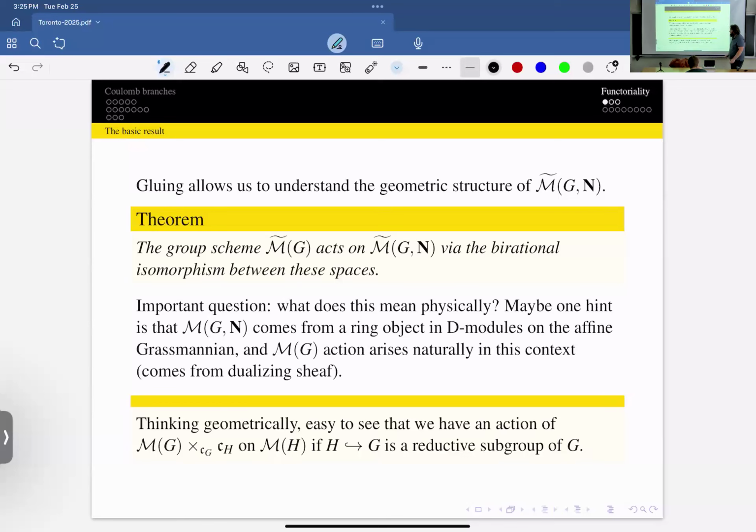All right. And one thing that, well, I doubt you guys have any insight on, but you never know. This should have some physical meaning. Somehow it should be something about this story about D modules on the affine Grassmannian. But the fact that when I look at the pure Coulomb branch, that acts on an arbitrary Coulomb branch.